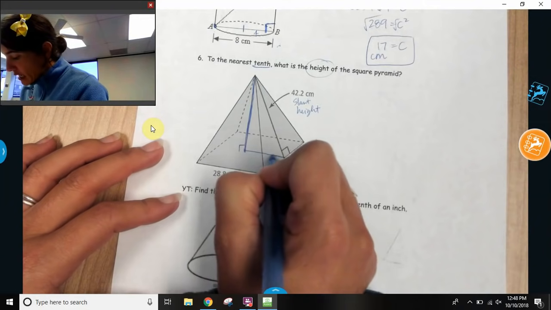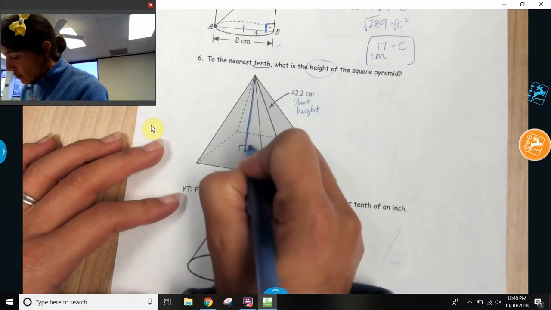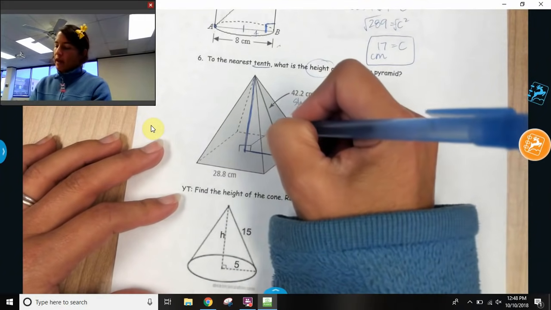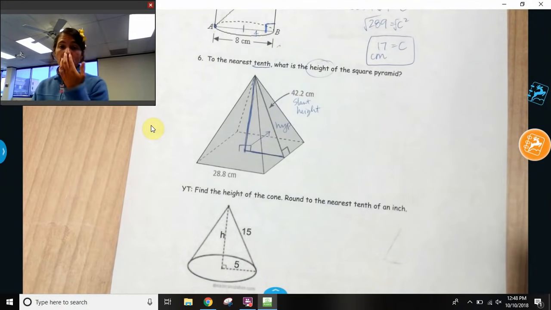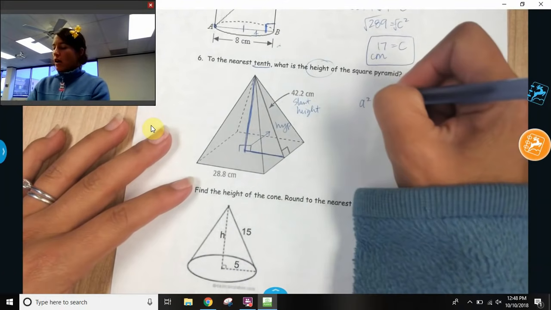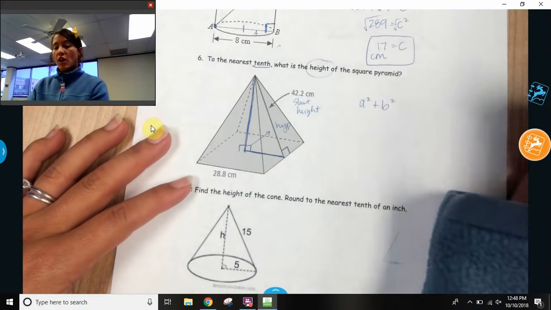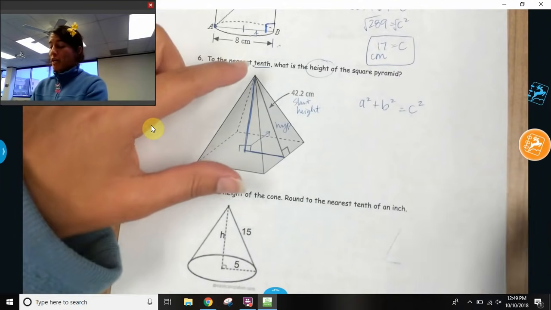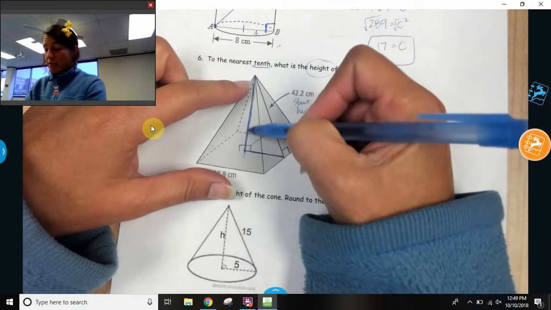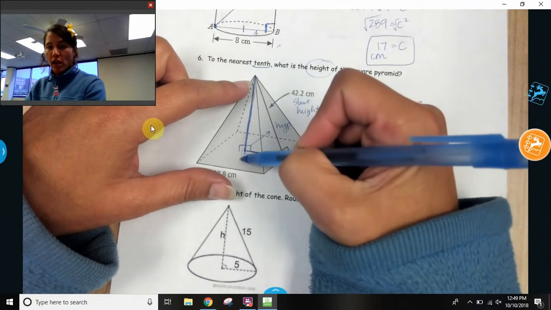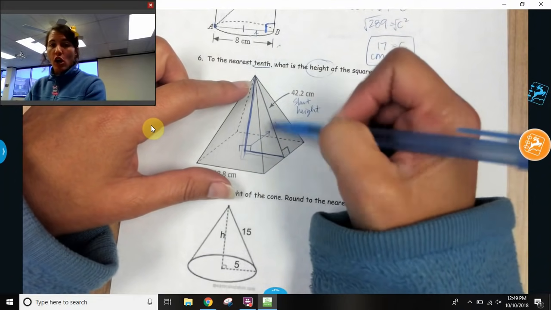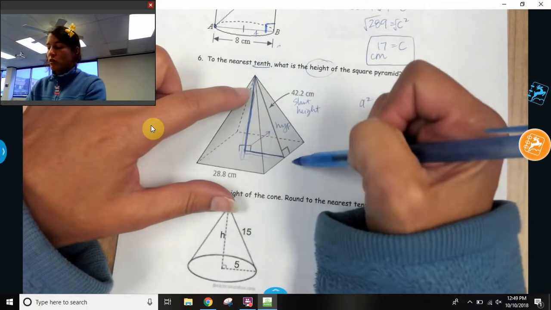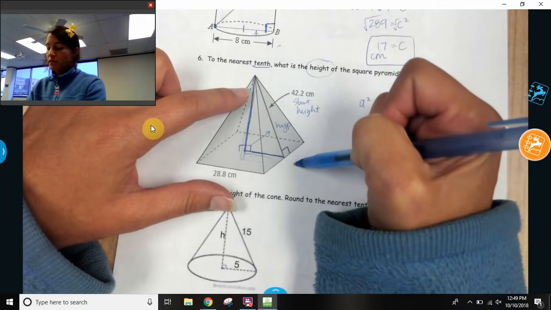So maybe you can see I'm going to create a right triangle, and I already know this is the hypotenuse because the hypotenuse is always across from the right angle. Because I'm finding the height, I'm going straight up and down and making a right triangle. I'm not going across from the front of the pyramid to the back. I'm just going straight down, so I would use just a regular right triangle.